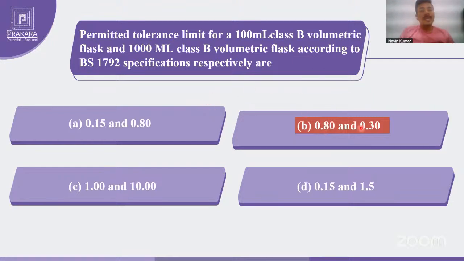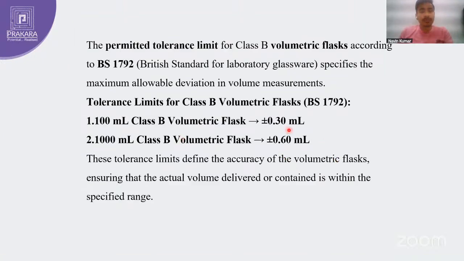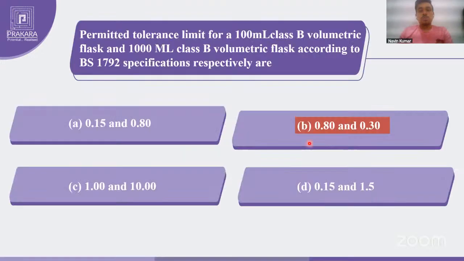Basically, the 0.80 is for 1000 ml. Sometimes this happens, the exact option will not be there. You have to choose the correct option very wisely. The answer should be 0.60 directly, but there is no direct option of 0.60. So the closest one is 0.80, and your correct answer will be 0.30 and 0.80.